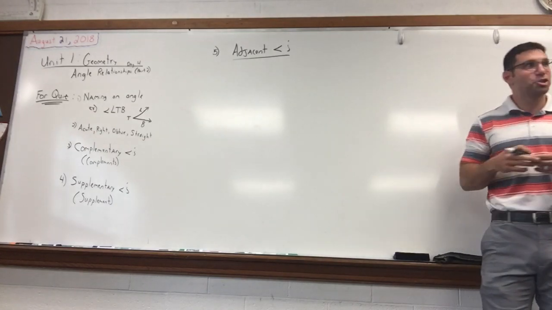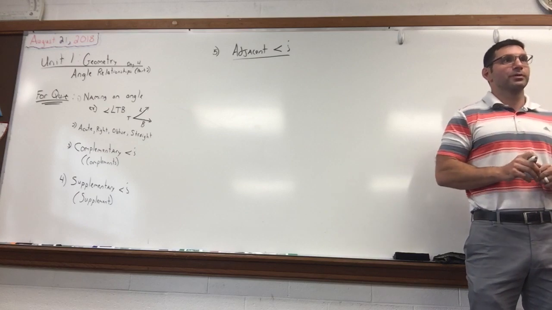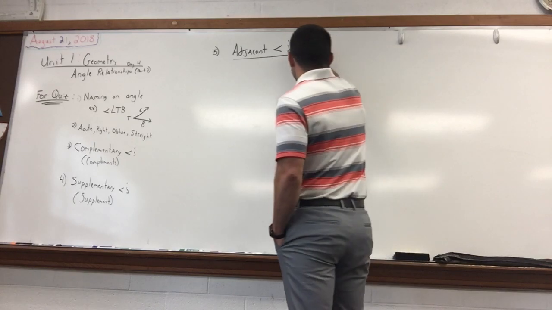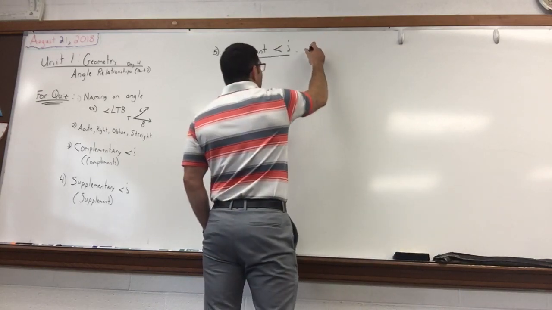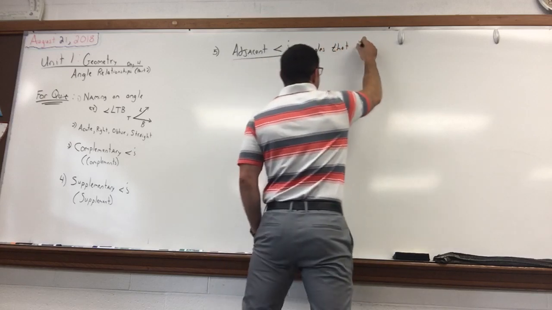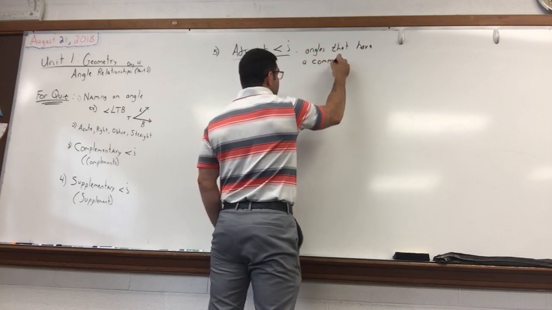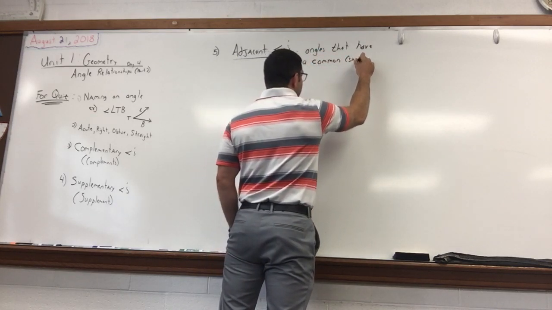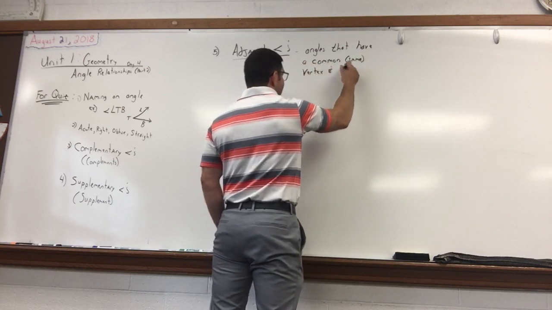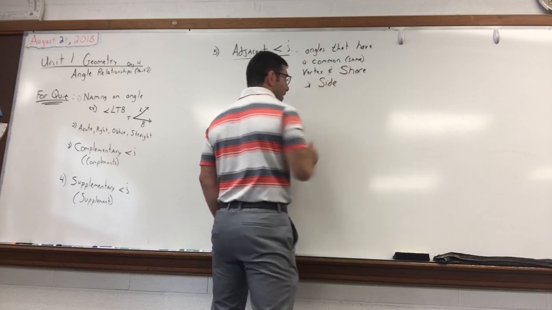Adjacent angles have a very geometric definition, so I'm going to really try to speak like a mathematician, and then I'll make it easy for you. First, adjacent angles are angles that have a common, which means same, vertex, and share a side.